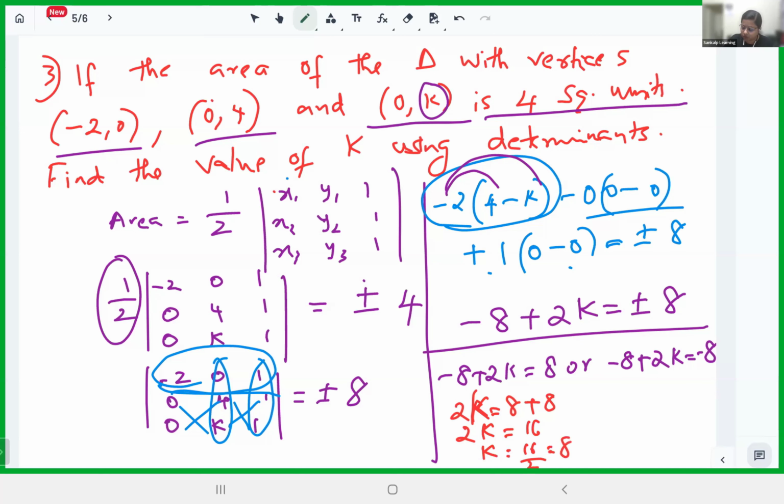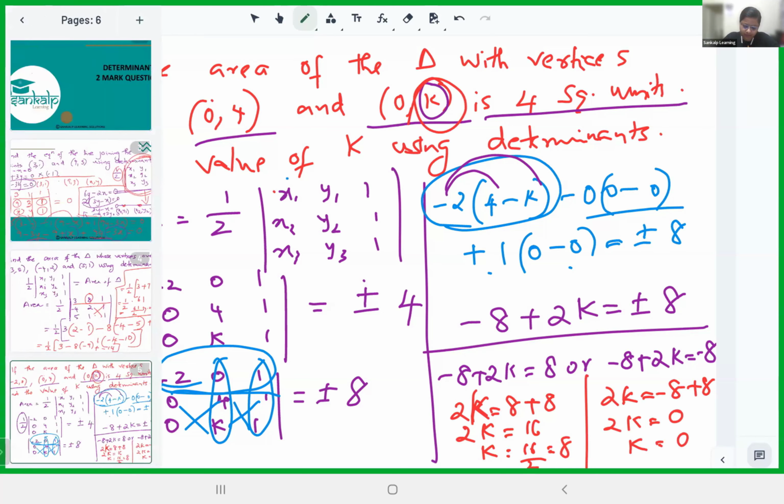So we have got one value. The other value is 2k is equal to minus 8 plus 8. So 2k equal to 0. So k equal to 0. So what are the possible values of k? k can be 0 or k can be 8. Alright. Now moving on to our next question.